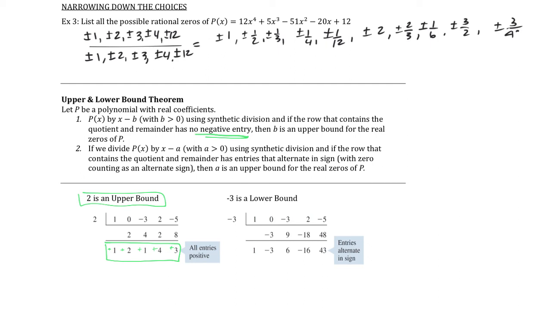It's the largest number that's going to be a rational zero. And then here, these all have alternating signs, and so this number that you're dividing by, x equals -3, is the smallest rational zero. So that helps narrow it down just a tiny bit.